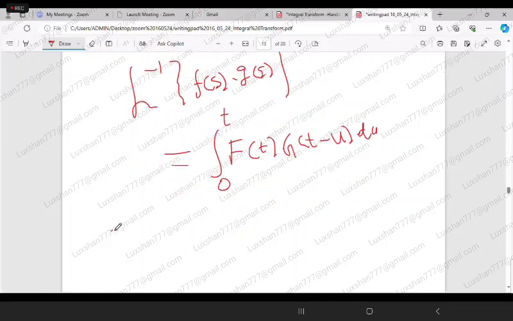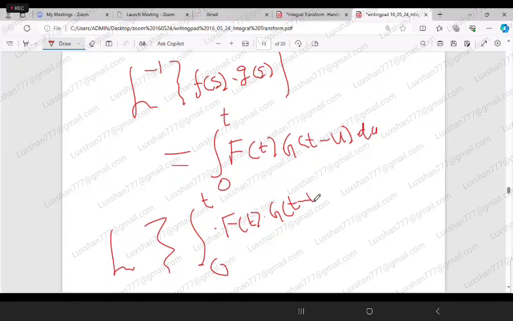So from this one, you can rewrite this as the Laplace transform of the integral from 0 to t of F(u) G(t minus u) du.